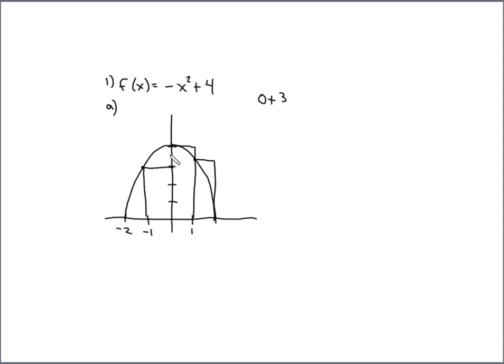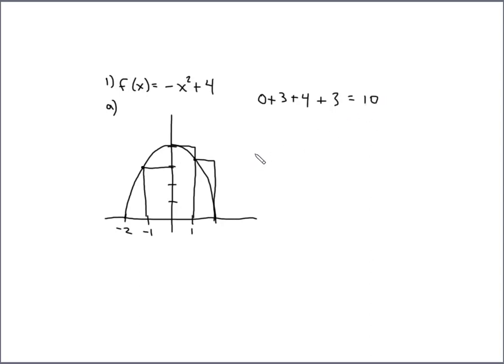The height at 0 is 4. And then the height at 1 is 3 as well. So my drawings should be at the same height. Anyway, last one has height 3. So our first approximation is 0 plus 3 plus 4 plus 3, which is 10. That's a left endpoint approximation.